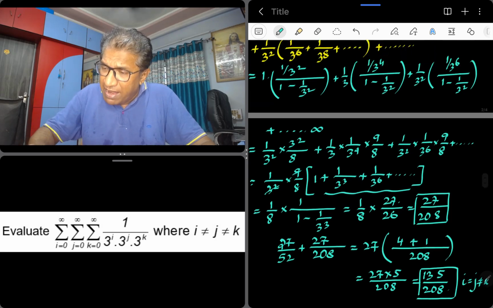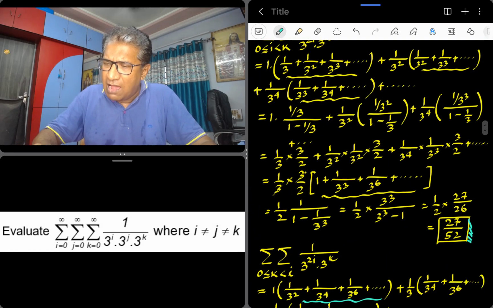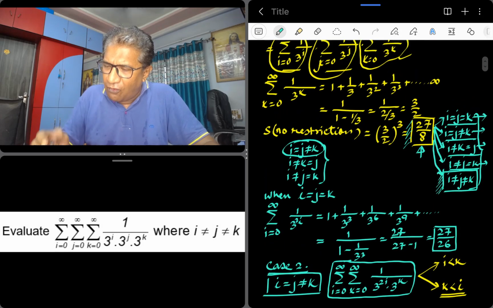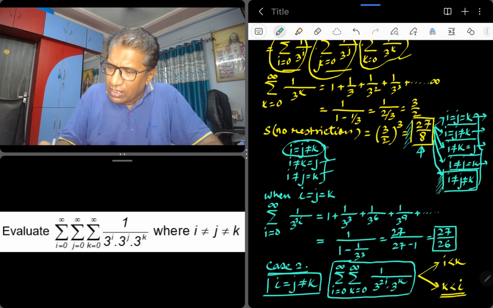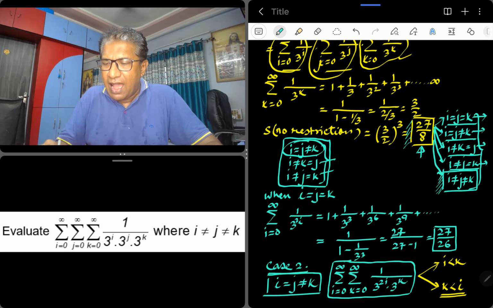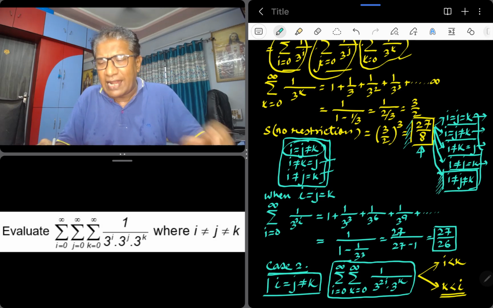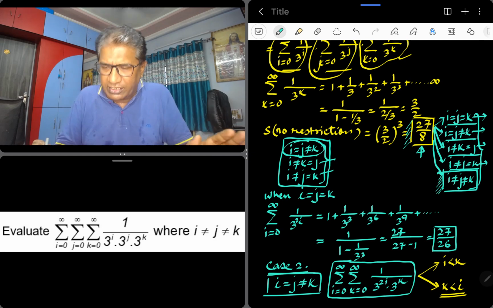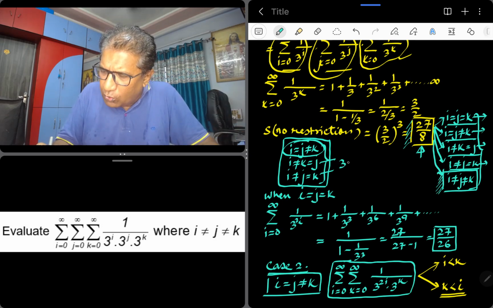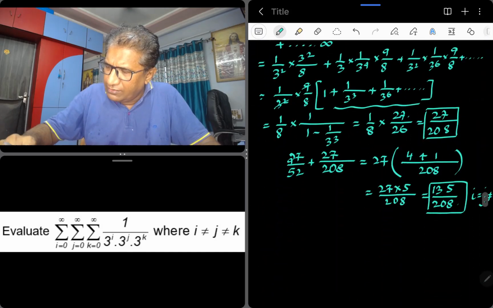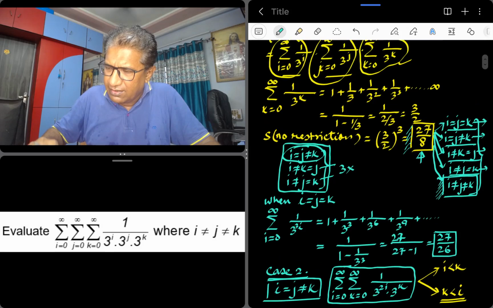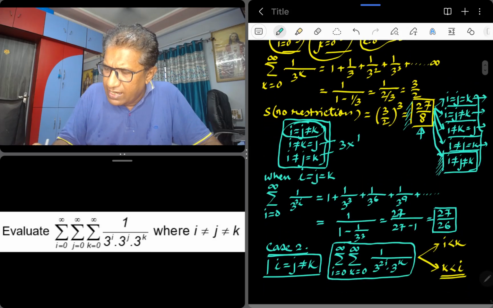And as I have mentioned previously, this sum will be identical for these two also. Right? Therefore, the total sum of those terms in which I is equal to j not equal to k, that is 2 are equal and 1 is not equal, is nothing but 3 times the answer that we got here, 135 by 208. 3 times 135 over 208.